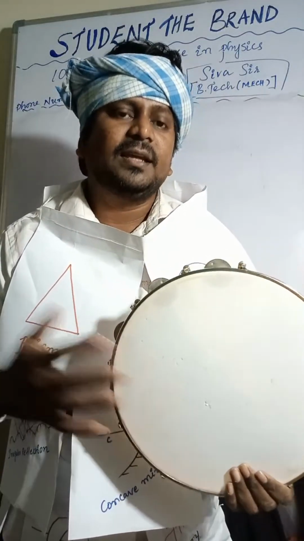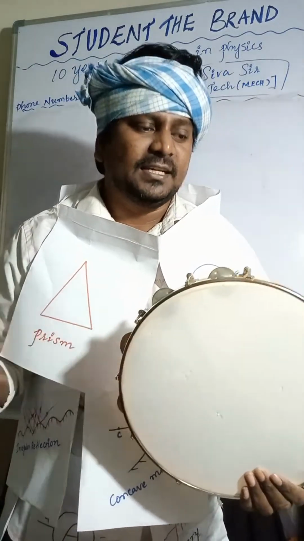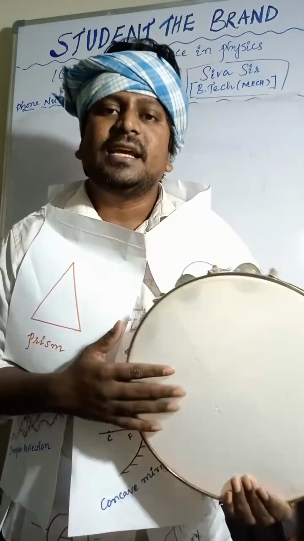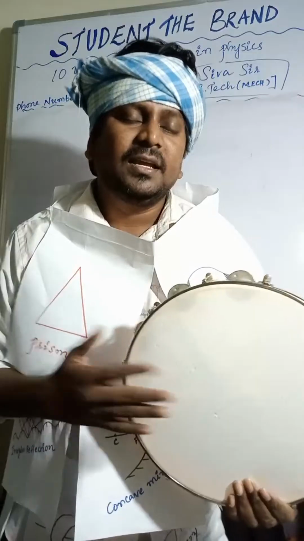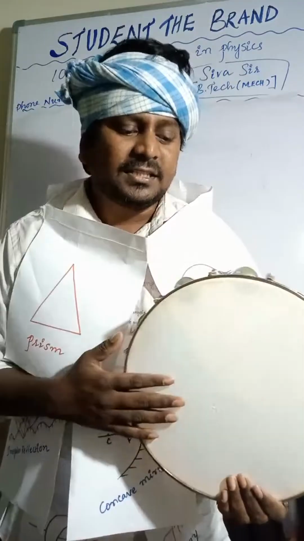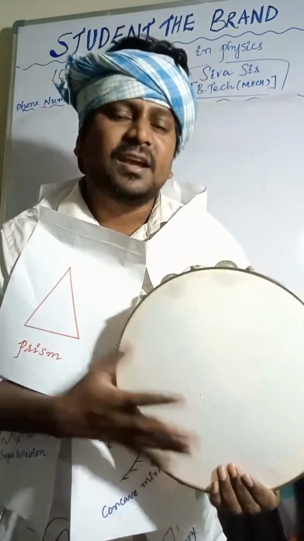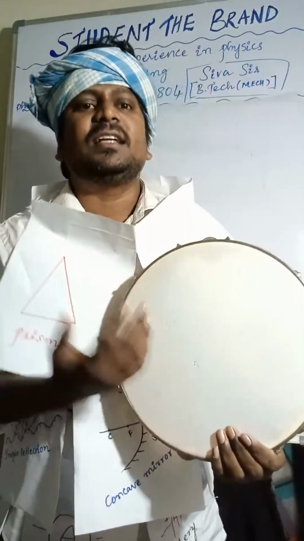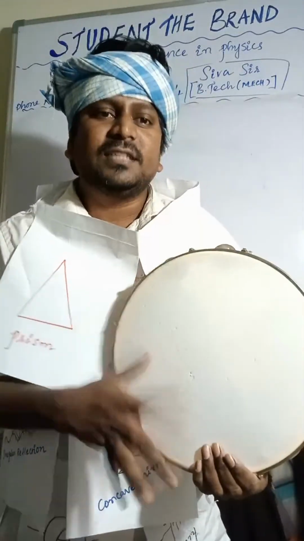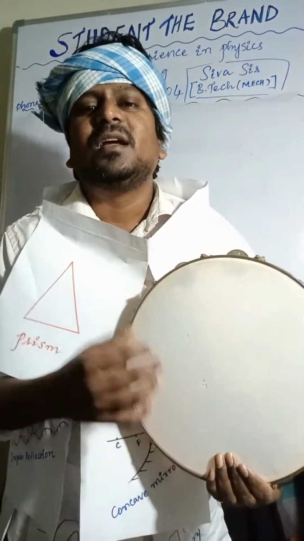Say with me, learn with me, sing with me. Dispersion, dispersion. Say with me, learn with me, sing with me. Dispersion, dispersion, dispersion, dispersion. Splitting a white light into 7 colors is known as dispersion. Dispersion. Band of colors is known as spectrum. Band of colors is known as spectrum.